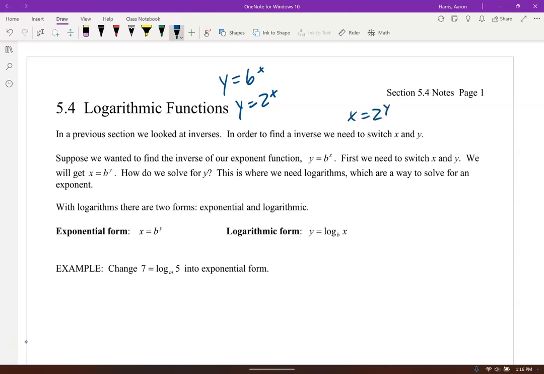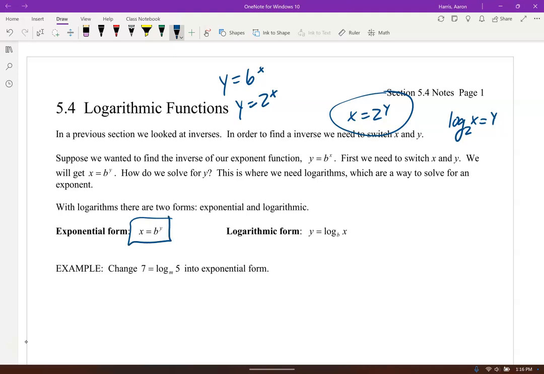Well, this is where logarithms come into play, and there's two forms for logarithms. There's the exponential form, and then there's the logarithmic form of that same relationship, which is: 2 to the y equals x, y equals log base 2 of x. So there's two forms of this.